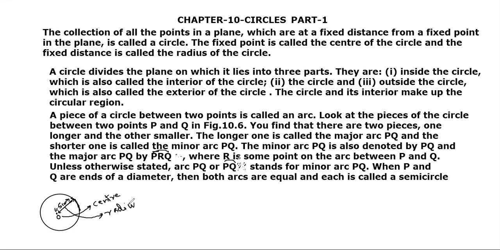So in the definition you can write: a collection of all the points in a plane which are at a fixed distance from a fixed point is called a circle, and the fixed point is called the center of the circle, and the fixed distance is called the radius.